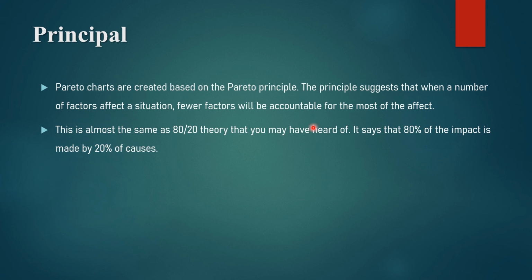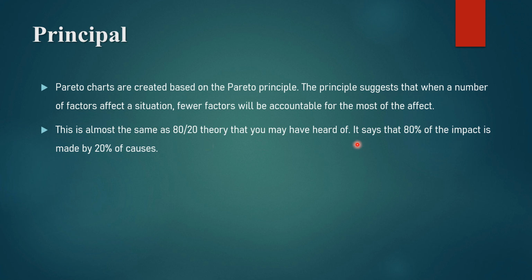The principle of this Pareto chart is that when a number of factors affect a situation, fewer factors will be accountable for most of the effect. This is almost the same as the 80-20 theory that you may have heard of.